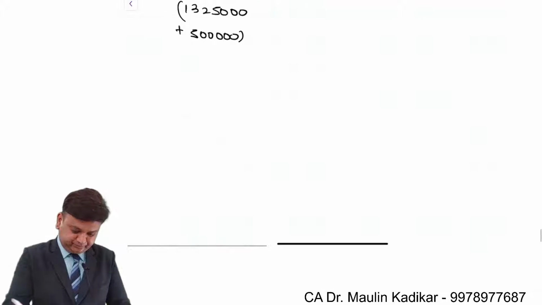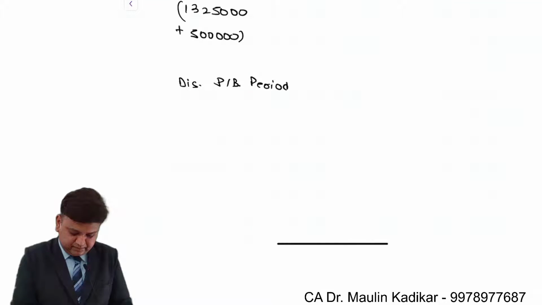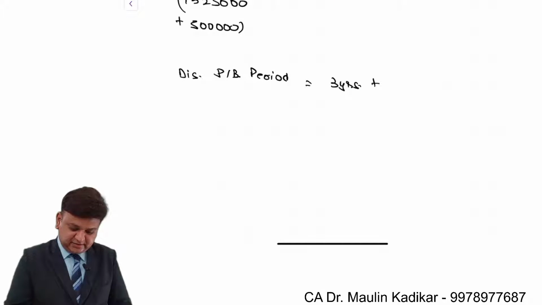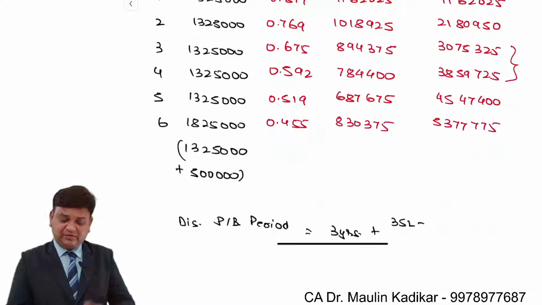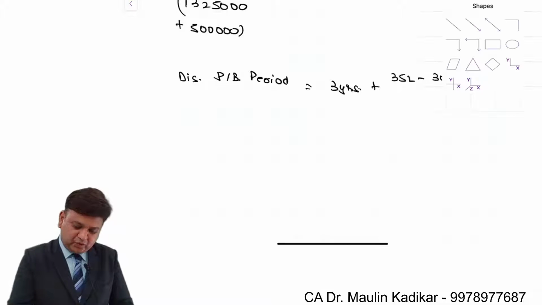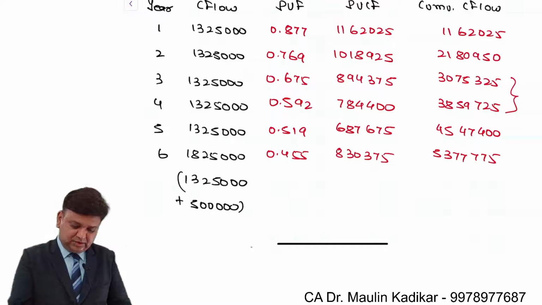So discounted payback period is equal to again 3 years plus 35 lakhs minus 30,75,325, whole divided by the fourth year cash flow. It is 7,84,400.